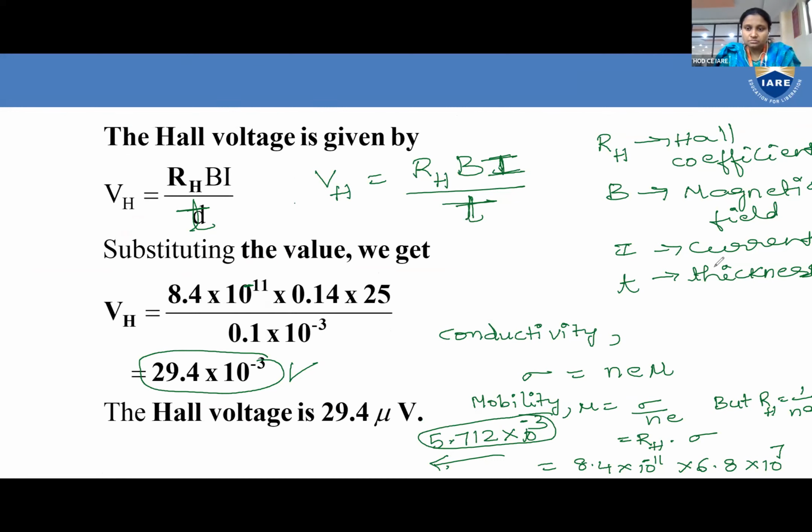The units for mobility are meter square, volt inverse, second inverse. So this is the unit for mobility. Okay, so shall I go for the next problem? I'm changing this slide, so we are going for the next one.